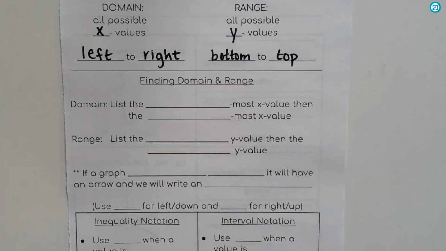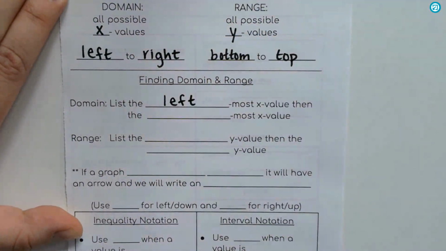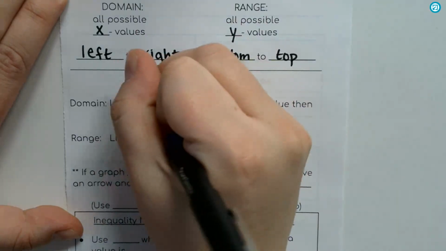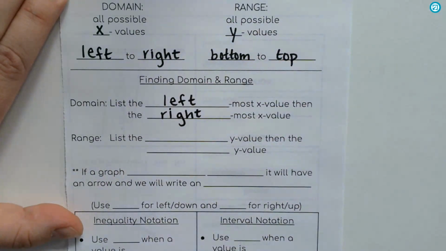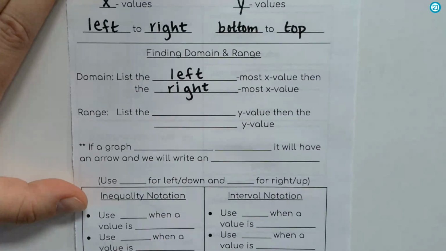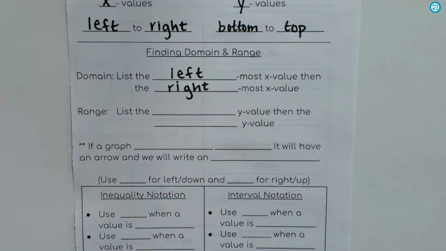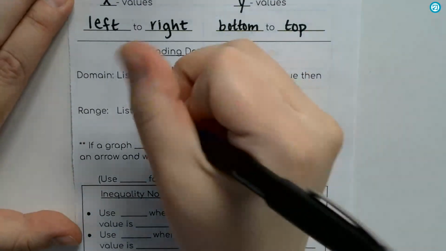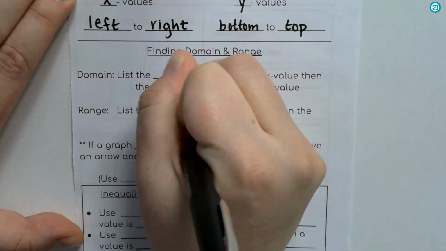So for domain, we are going to list the leftmost x value, and then we are going to list the rightmost x value. For range, we do the same thing, but from bottom to top. We list the bottom y value, and then the top y value.